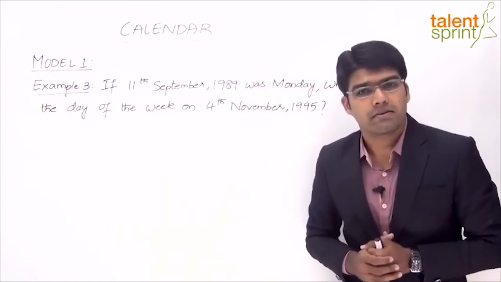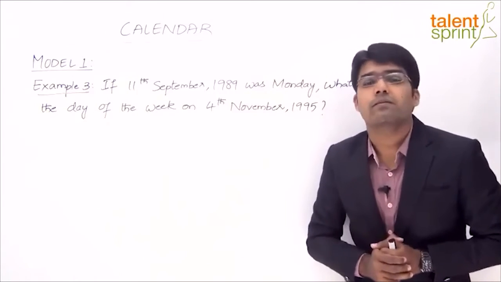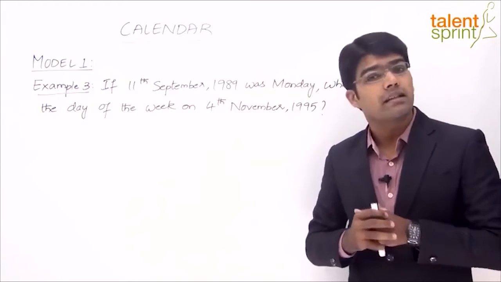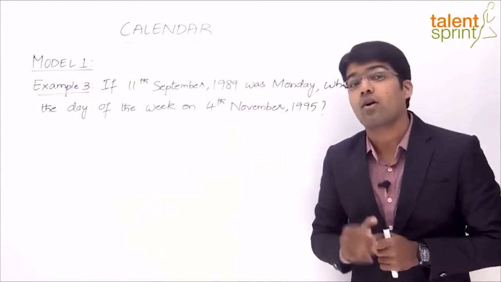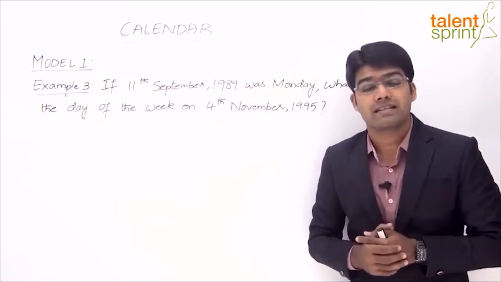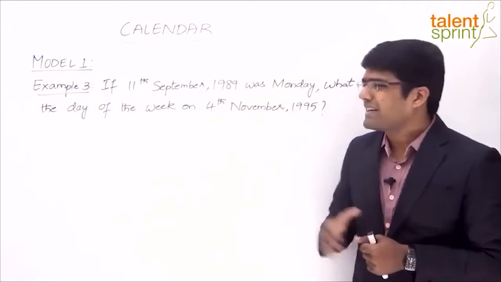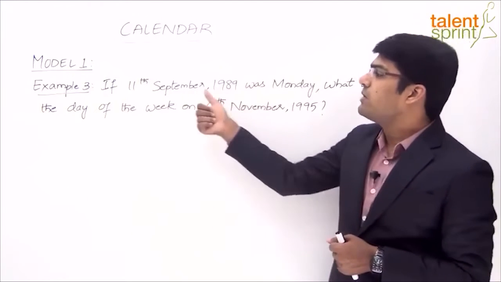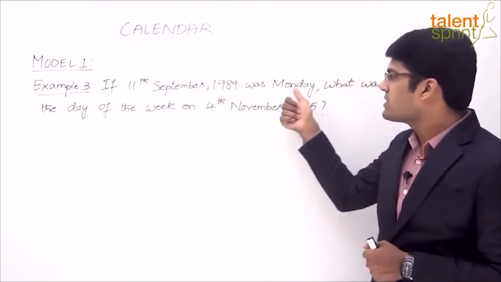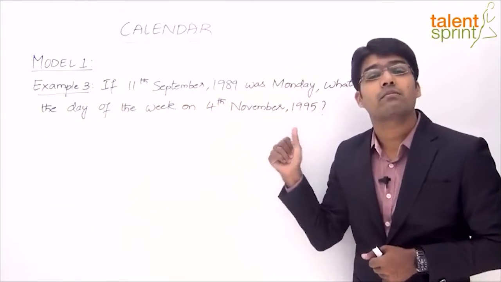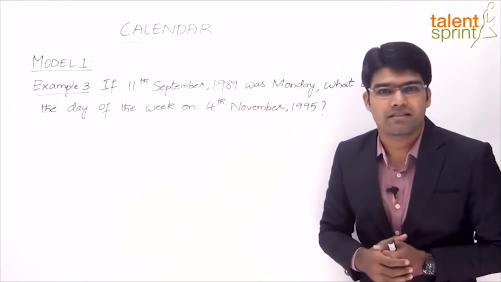We have very well understood that to find out the day of the week for a given date, we need to calculate the number of odd days from the starting, that is 1st Jan of the first year, to the given date. But in this case, since we already know that 11th September 1989 was Monday, we don't have to calculate the number of odd days from 1st Jan of the first year.